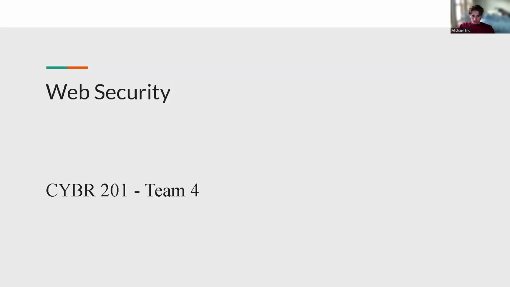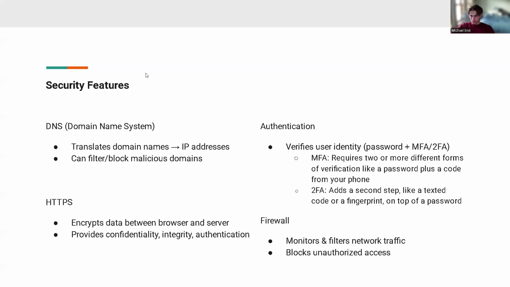So this presentation covers the security of our web application, including security features, common cyber threats, and server-side attacks and defenses. So security features. DNS, domain name system. This translates domain names into IP addresses and can filter and block malicious domains. Authentication uses user identity like password and MFA.